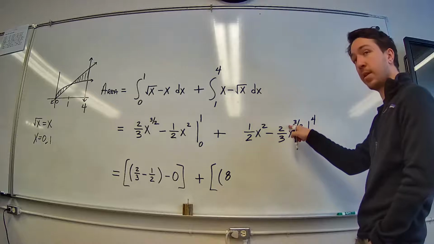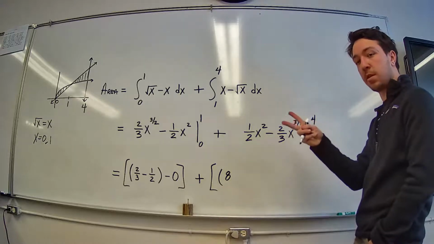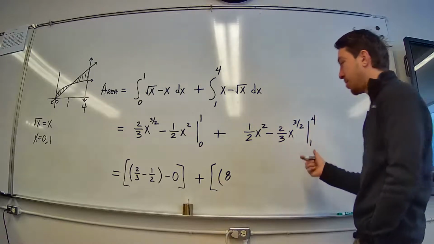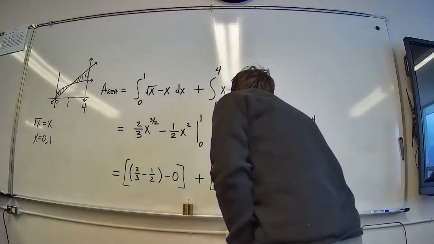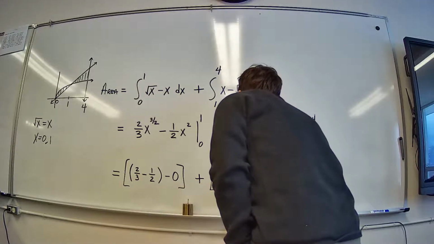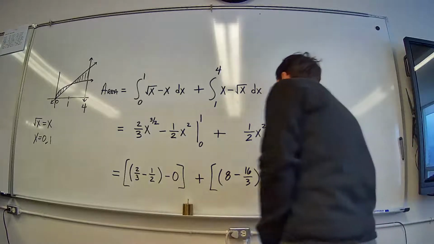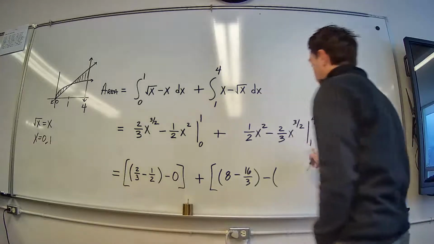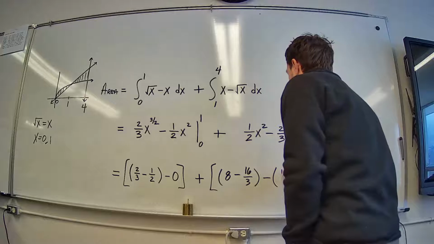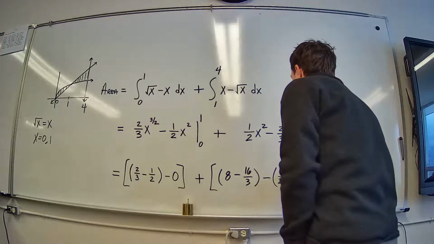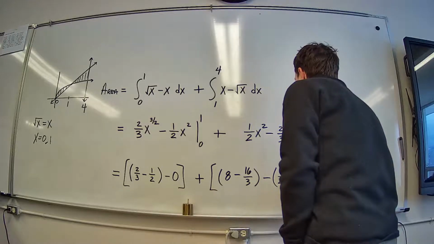You square root it, then you cube it. Square root turns it into 2, cube turns it into 8. 8 times 2/3 is 16/3. And then don't forget to plug in the 1, common mistake. Plugging in 1 gets me 1/2 minus 2/3.